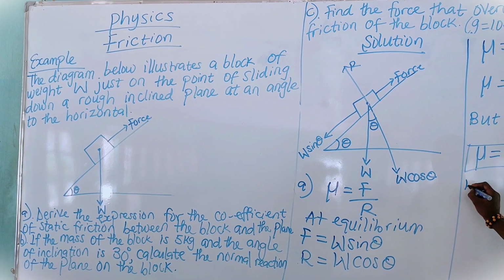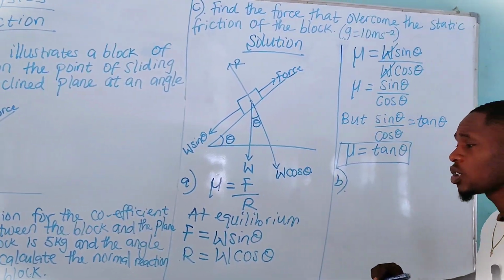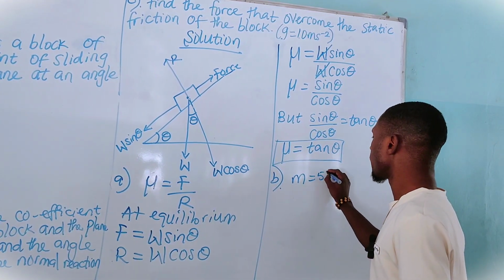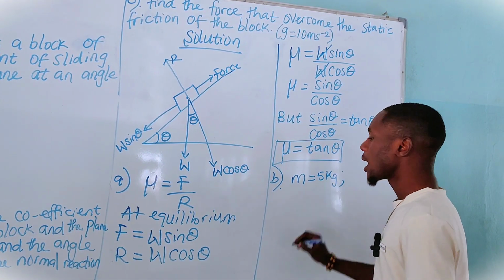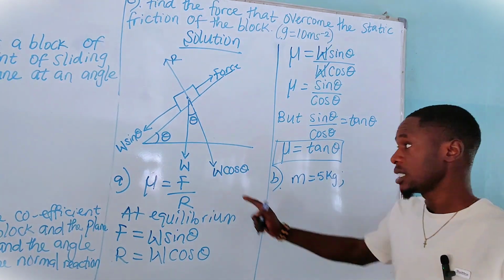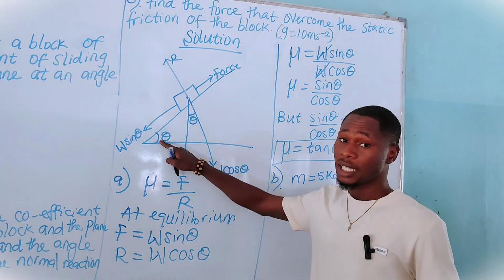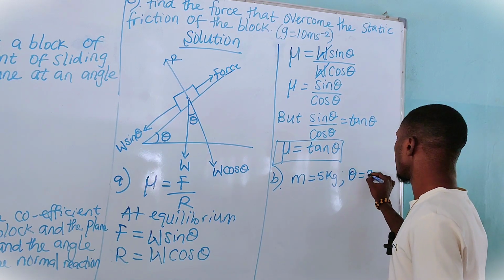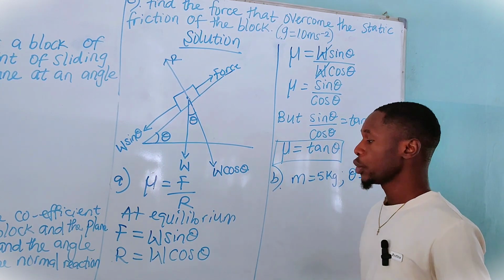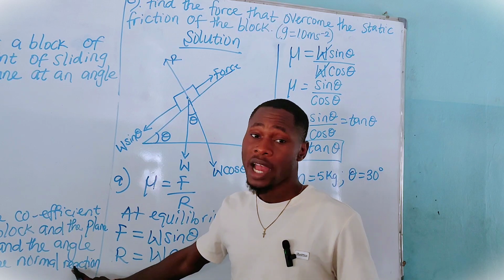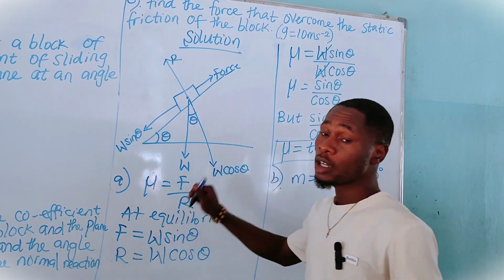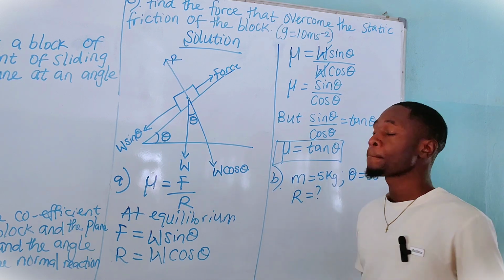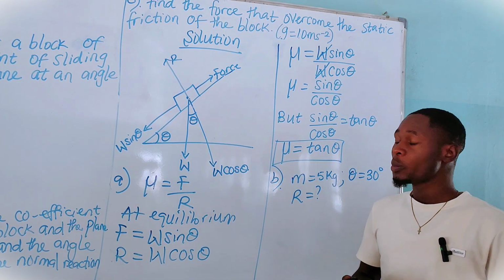So we are told that the mass of the block is 5 kg and the angle of inclination, theta, that is this angle here, is 30 degrees. We should calculate the normal reaction of the plane on the block. So we are looking for the normal reaction R.